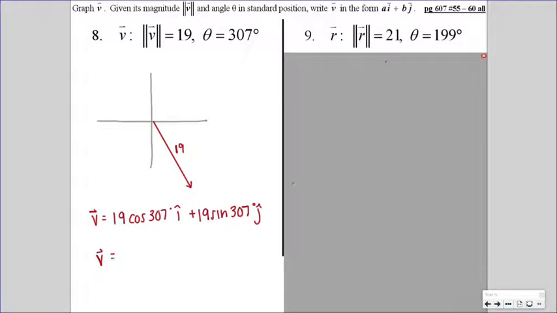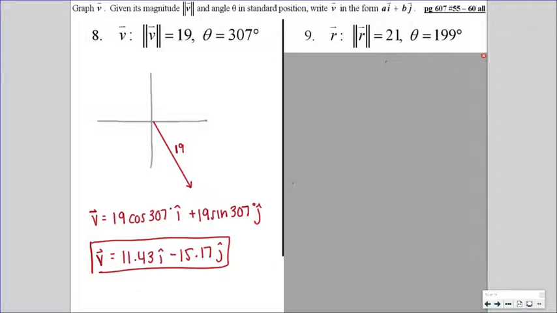And then you just type that into a calculator. We'll round to 2 decimal places here. So 11.43 i hat minus 15.17 j hat. And again, if you use the full theta, you never have to worry about your signs. It'll always work out that way.